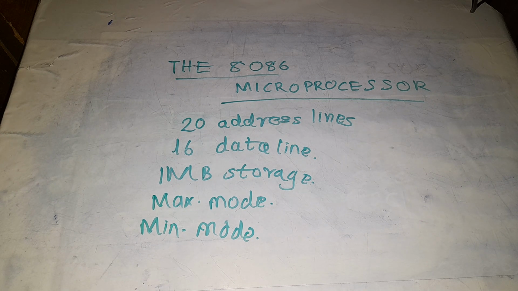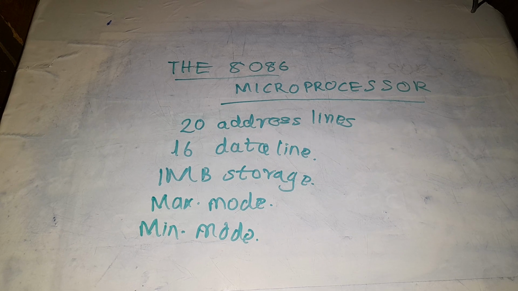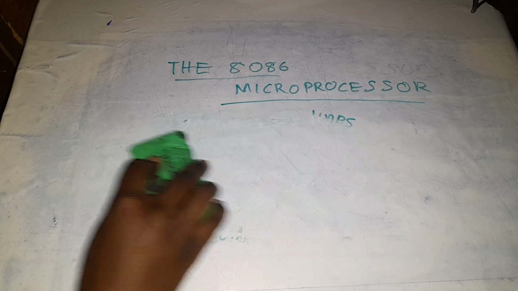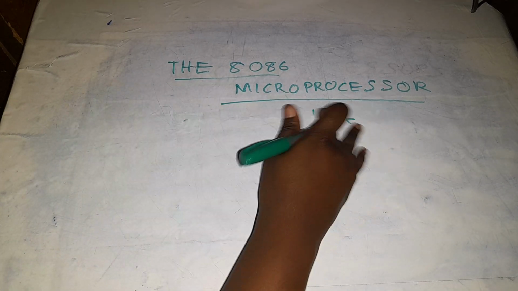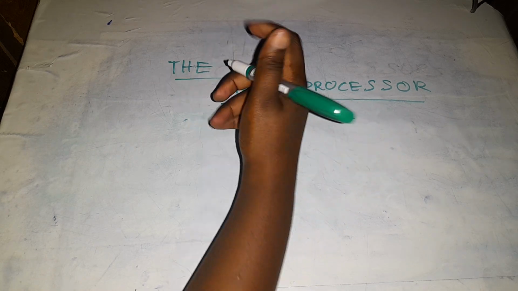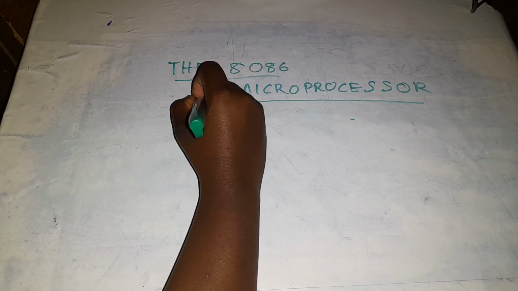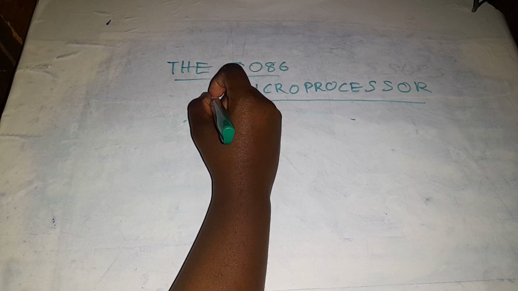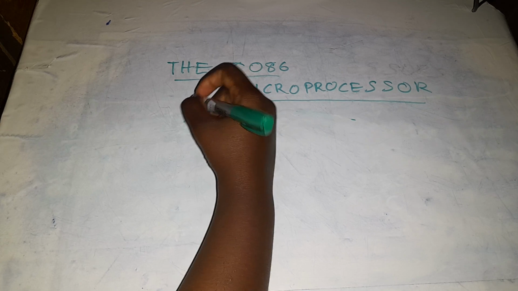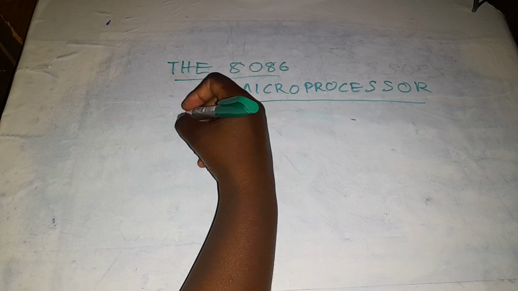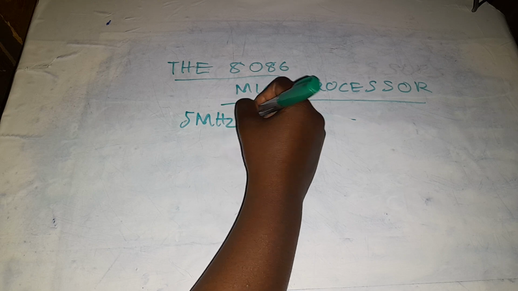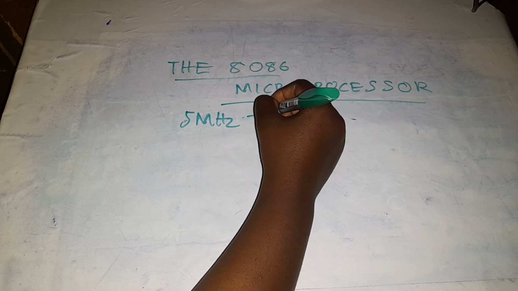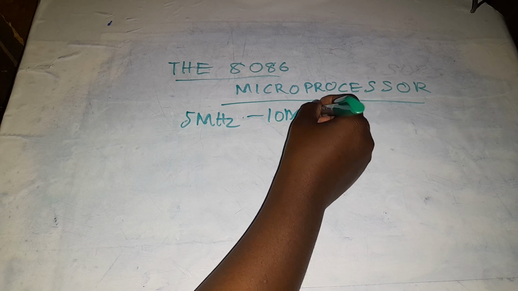Among the other features that are prominent in the 8086 are its 3 versions. At some point I said, when I was comparing the clock speeds of different microprocessors and how they were increasing, that the 8086 ranges between 5 megahertz and 10 megahertz.